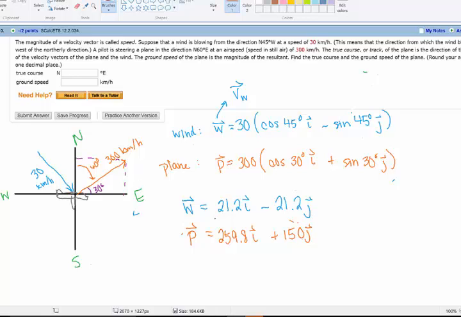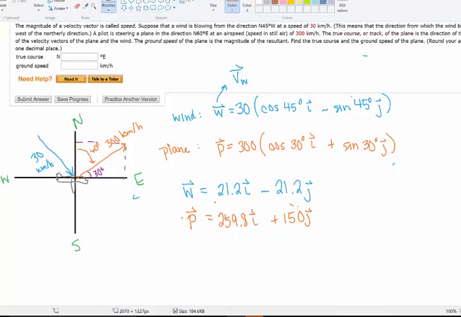So the resultant velocity vector, because they say the direction of the resultant, and resultant just means sum. So the resultant velocity is you just add corresponding components.